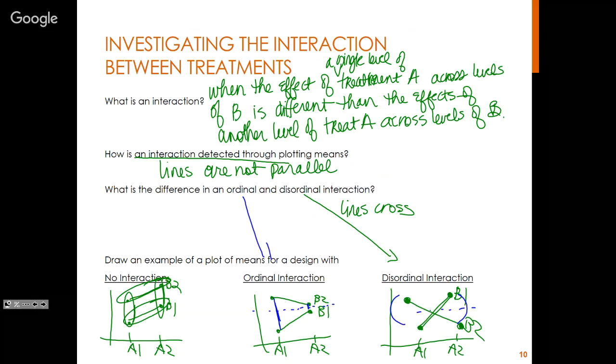The ordinal lines don't cross. Does that hold true if we had 3 or 4 levels of A? Yes. Okay. That ordinal would never cross. Other questions?